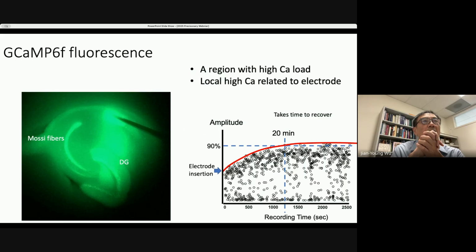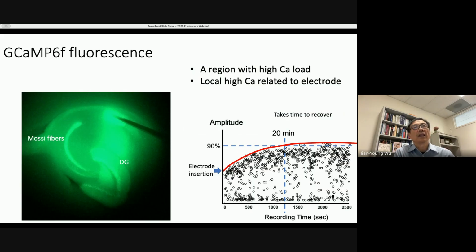You can see on the left there's a hippocampus section with several areas of higher fluorescent intensity. Those mossy fibers are very bright, and mossy fibers actually label the area of CA3. Also, in the middle and the right, we see a band of high fluorescent area.